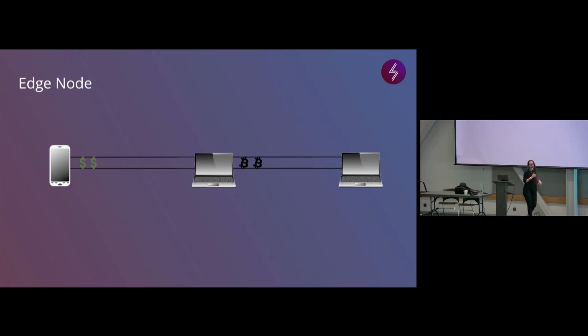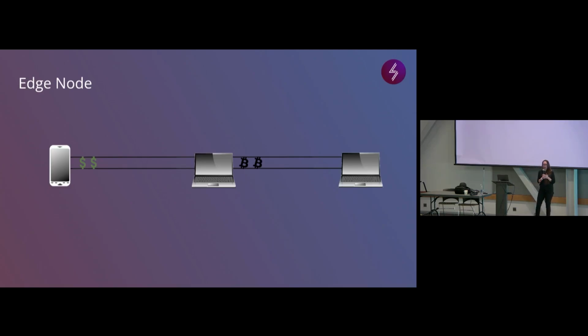Cool. All right, let's imagine this scenario. Alice has some Alice bucks. She has this big channel with Bob. Bob is functioning as an edge node. She wants to interact with Charlie. Alice owes Charlie some money. Charlie sends her a regular Bolt 11 invoice, pretty standard. Alice doesn't want to pay that with Satoshis.